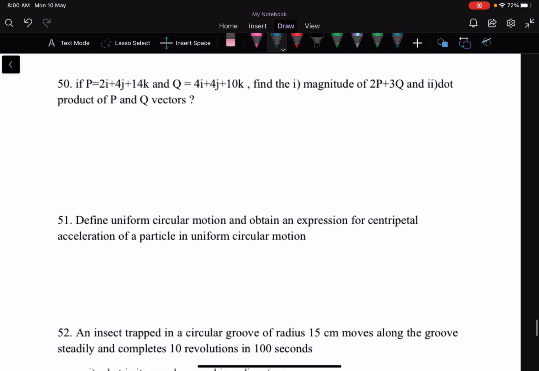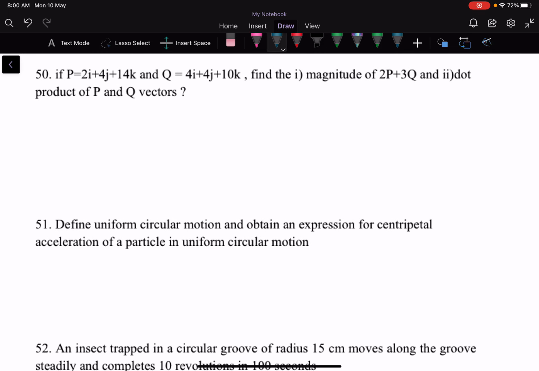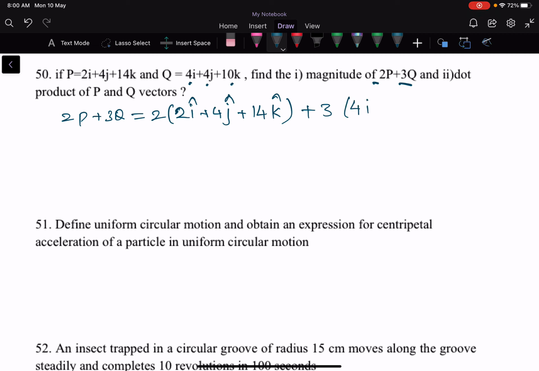Okay, we come to an end almost. If P is equal to 2i plus 4j plus 14k and Q is equal to 4i plus 4j plus 10k, find the magnitude of 2p plus 3q. So first find the vector 2p plus 3q, that is 2 times p, 2i plus 4j plus 14k, plus 3 times q, where q is 4i plus 4j plus 10k.